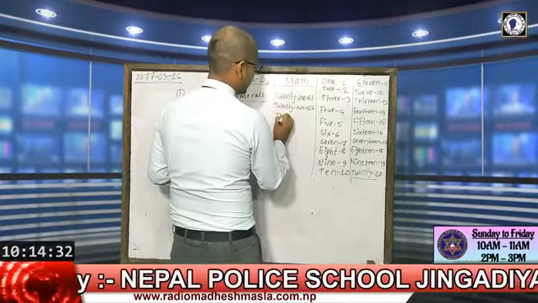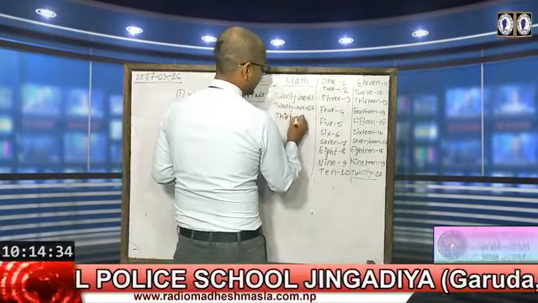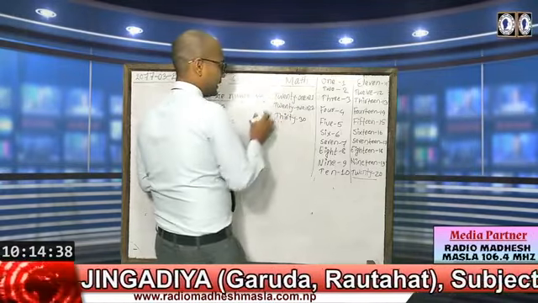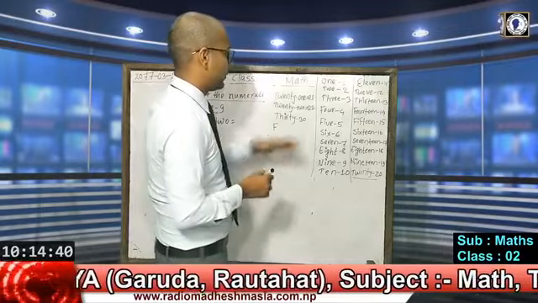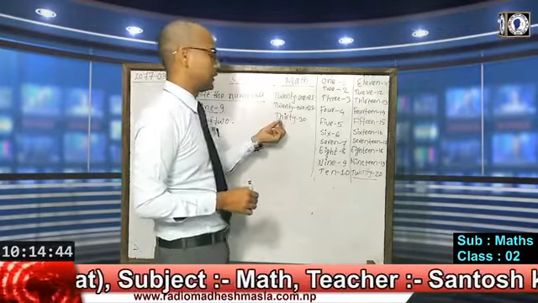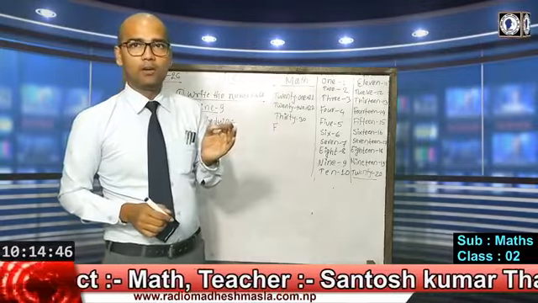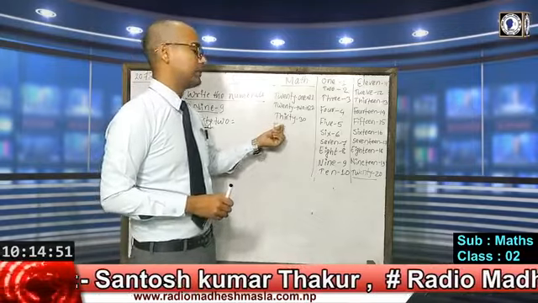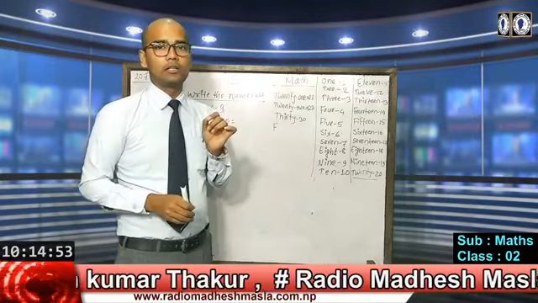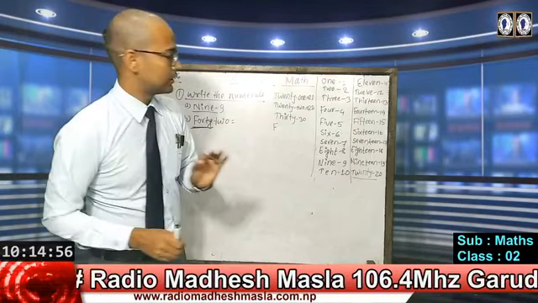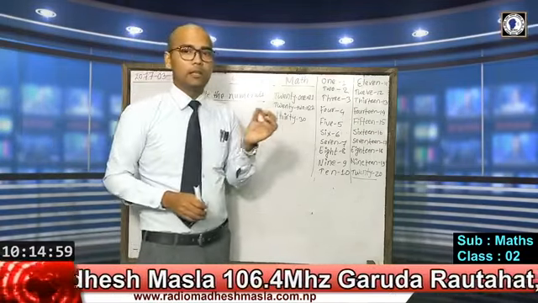30 comes T-H-I-R-T-Y 30. In the same way, we add 1 to 9 with 30. THIRTY 30 and ONE 1 becomes 31. Then THIRTY 30 and TWO 2 becomes 32.